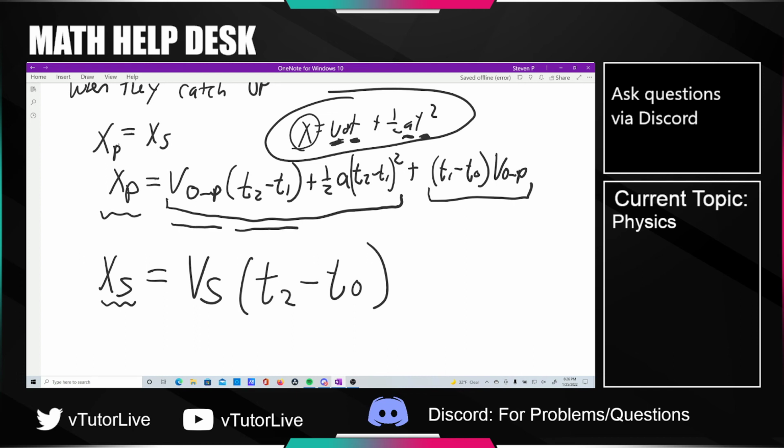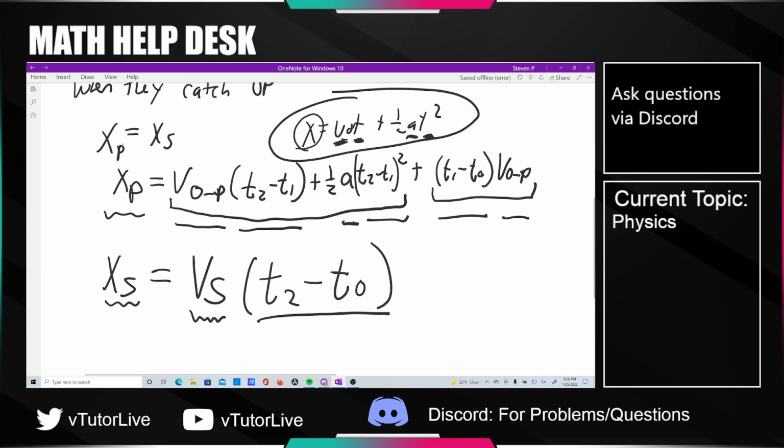T2 minus T1, we know. Is A what we're trying to find? No, A we are in fact given, right? A we're given. T2 minus T1 we know. T1 minus T0 we know. And again, V naught P we also know. Velocity of the speeder is something we're trying to find. And T2 minus T naught we also know.